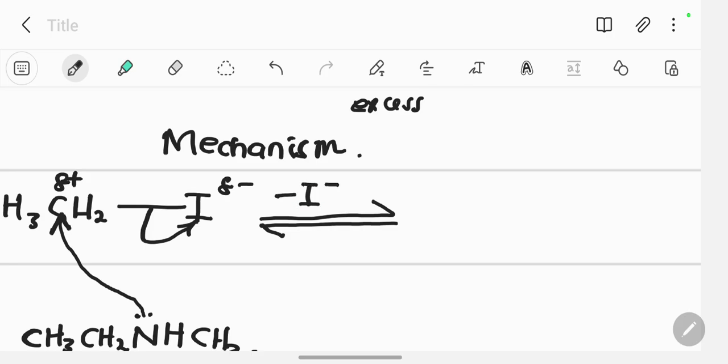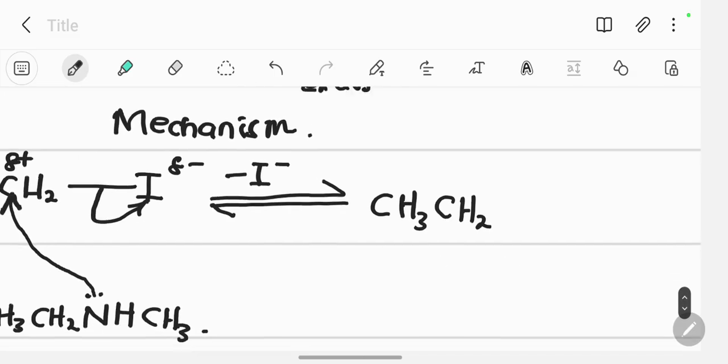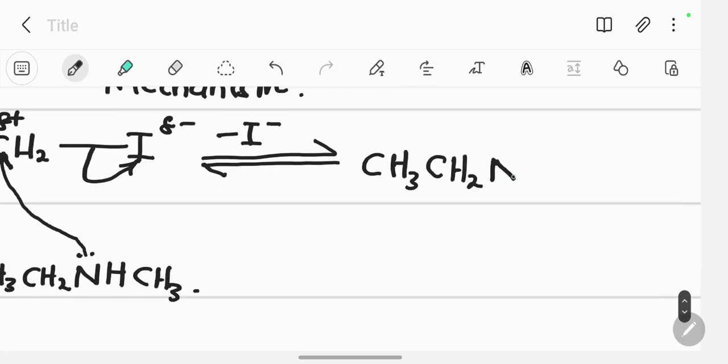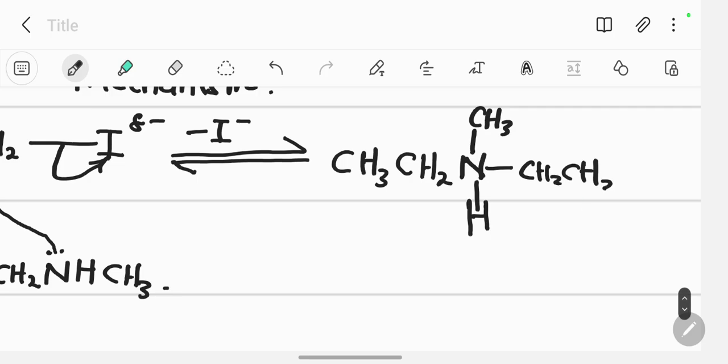iodine ion. Now it's going to be CH3, CH2, then nitrogen. With that hydrogen, I'm preparing to lose the hydrogen. Now I'm having this CH3 bonded to nitrogen, and I'm also having this CH2, CH3 bonded to nitrogen.